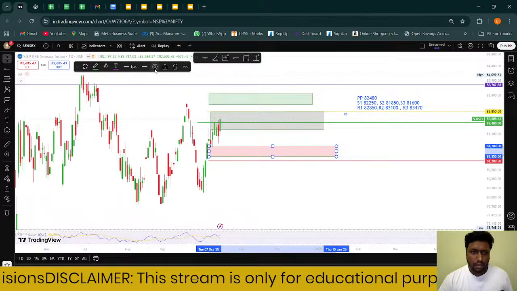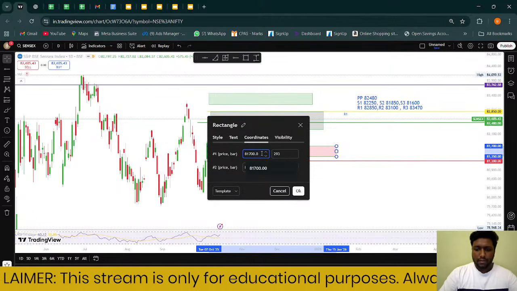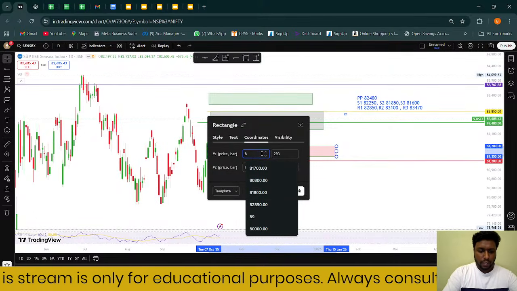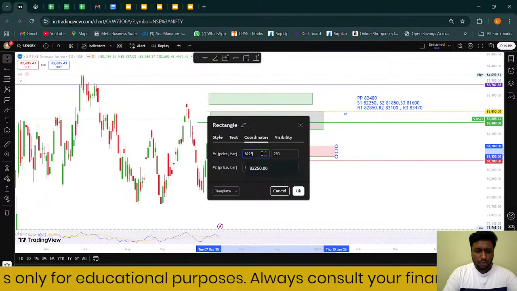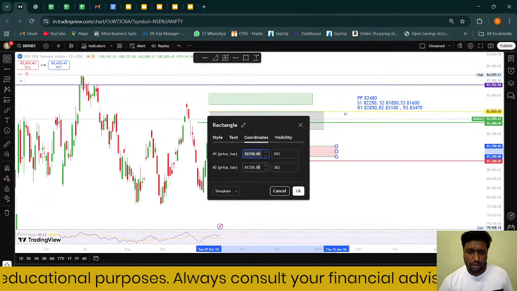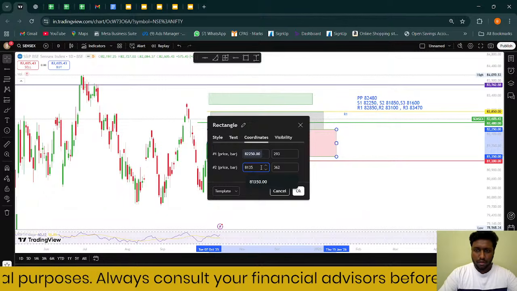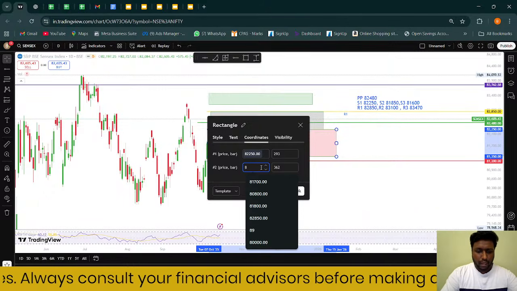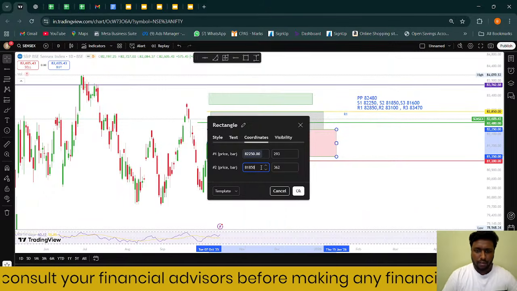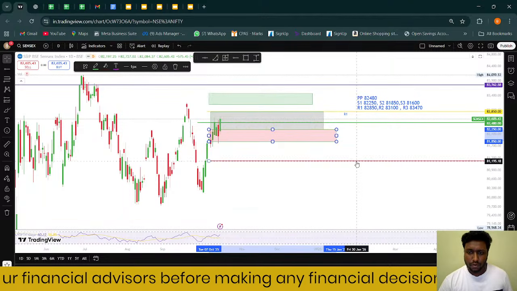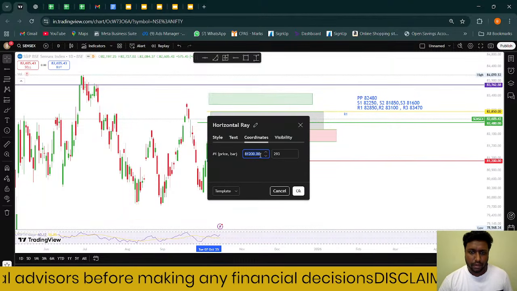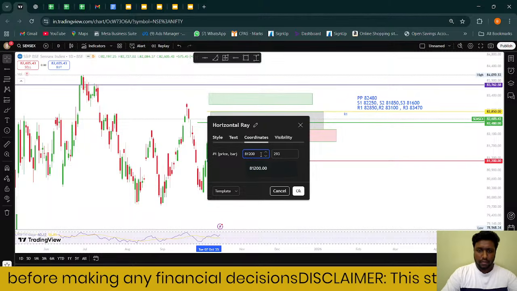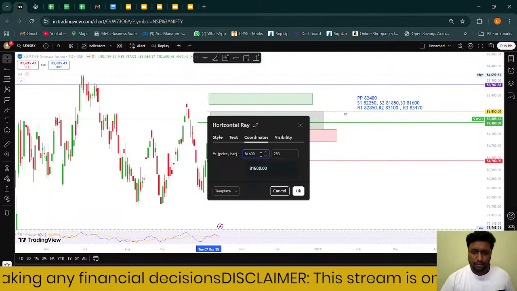Let's mark the bearish zone. It will be below S1, which is at 82,250, to 81,850, which is our S2. Let's also mark S3, which is at 81,600.